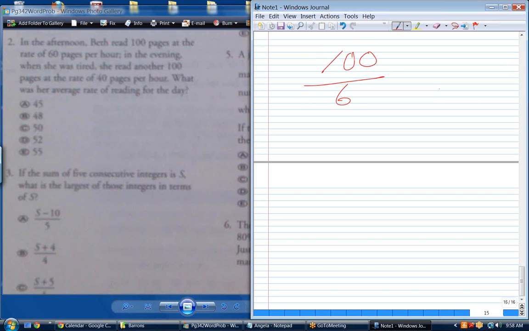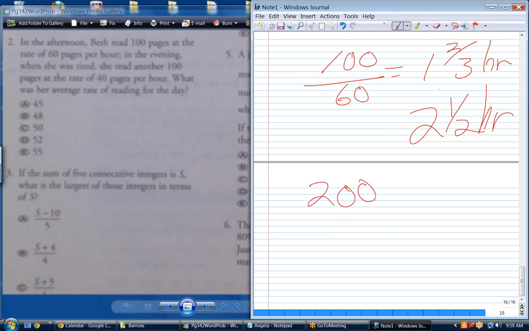So 1 2/3 hours. How many hours did she read in the evening? 2.5. Okay. So now her average rate of reading for the day is the total number of pages she read divided by the total number of hours she read.